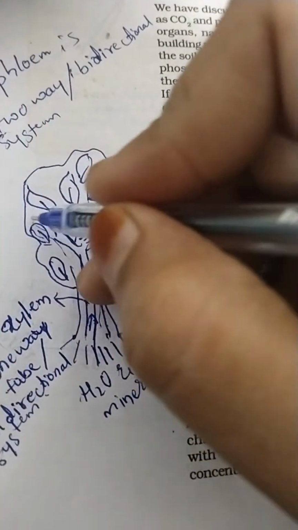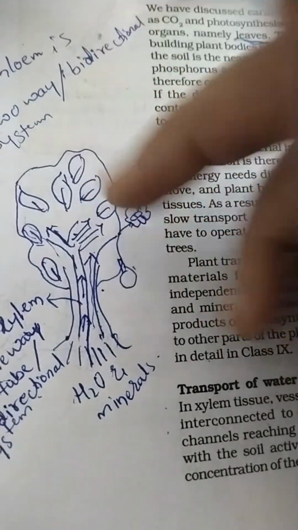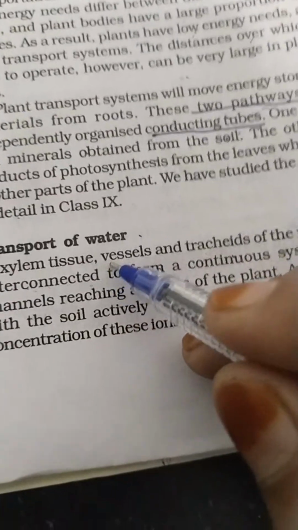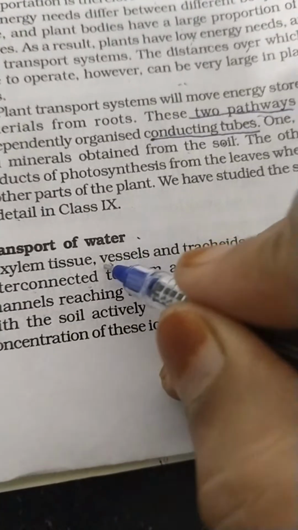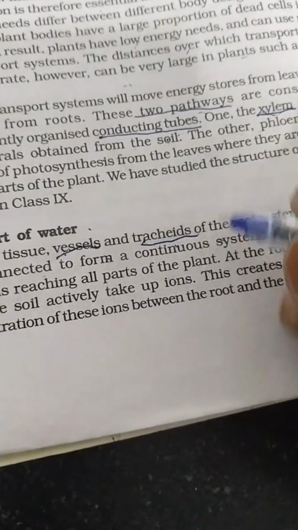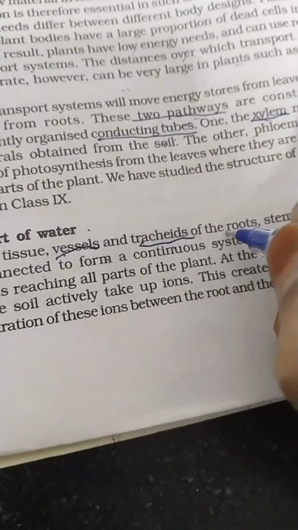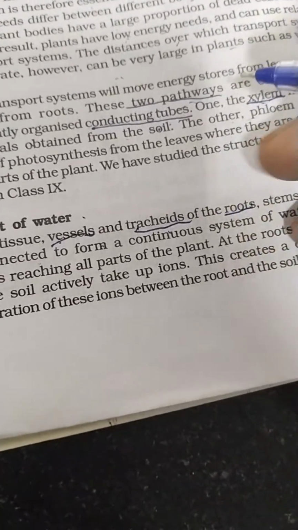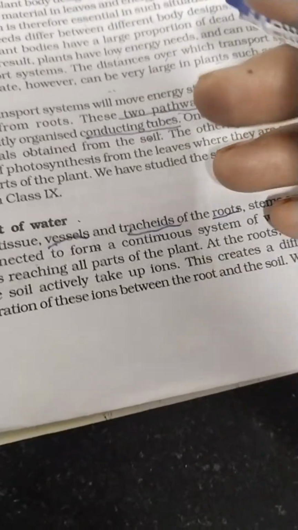See, as I have shown you, all the plant's organs are connected with this xylem. Okay, along with xylem tissue, some of the vessels as well as tracheids are also present from the root. Okay, so what they are doing? They are continuously transporting the water.